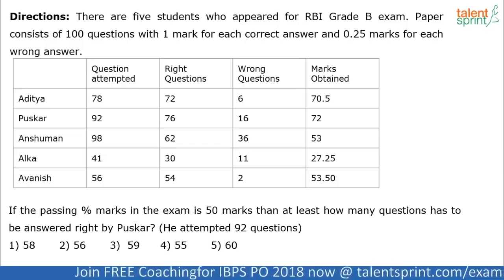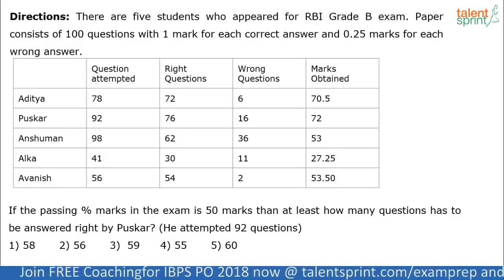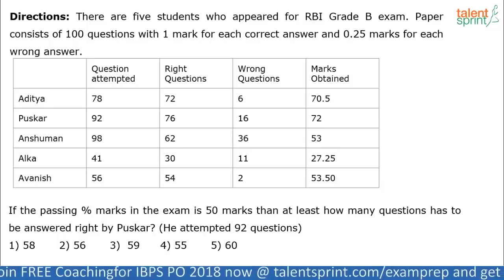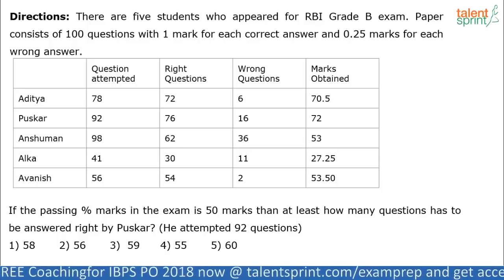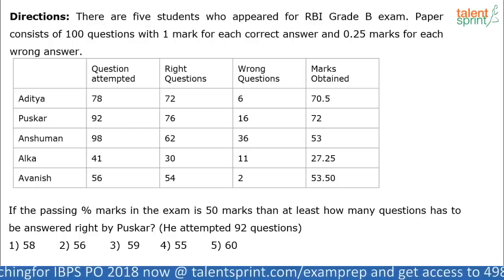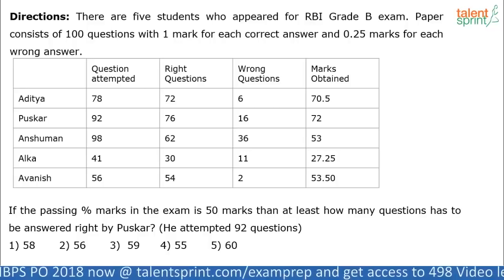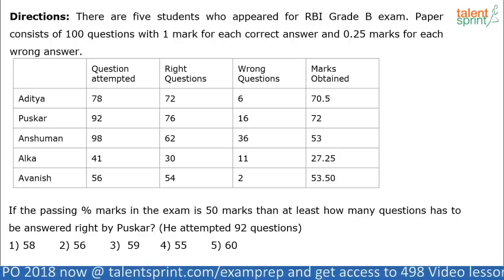Nobody has marked 60, huh? Tell me, what did he do to get the answer? Several students have marked 60. So I think all the 5 options have been covered by you together.